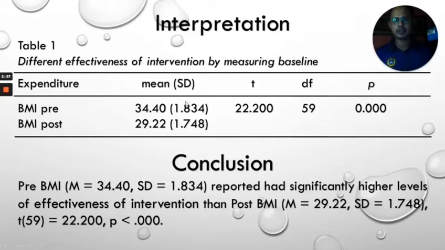So this is the interpretation and conclusion: pre-BMI, mean equal to 34.40 with standard deviation 1.834, reported a significantly higher level than post BMI, with the mean equal to 29.22 and standard deviation equal to 1.748, with t(59) equal to 22.200 and p less than 0.000.